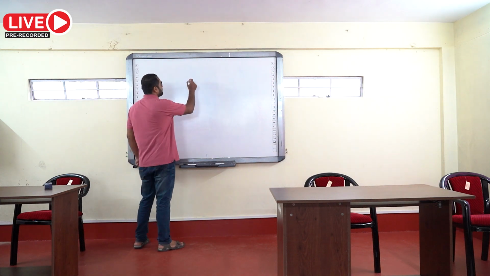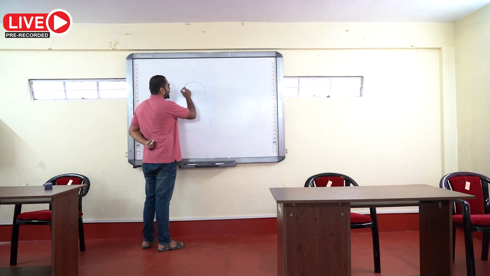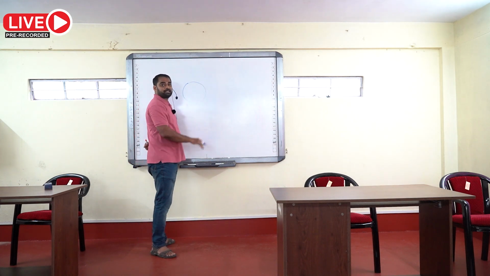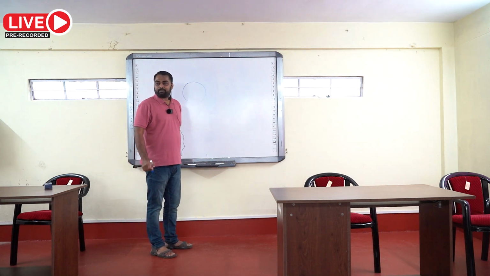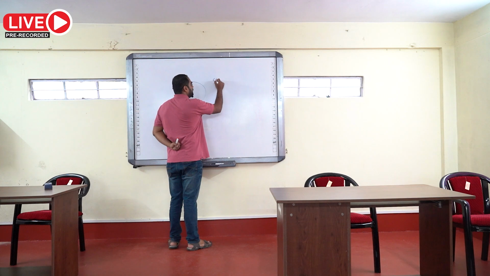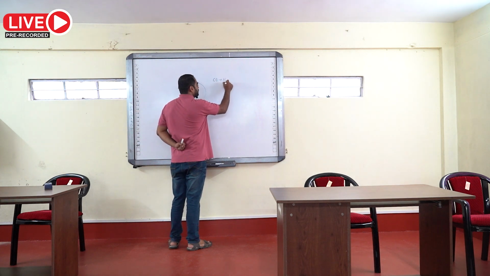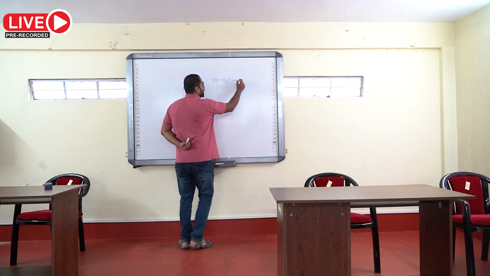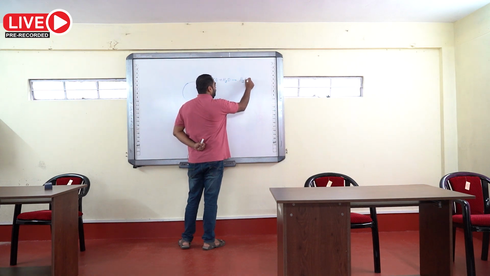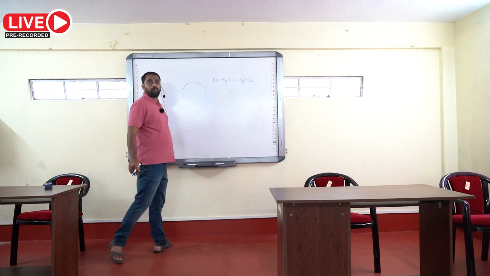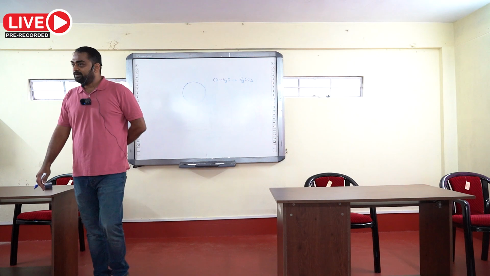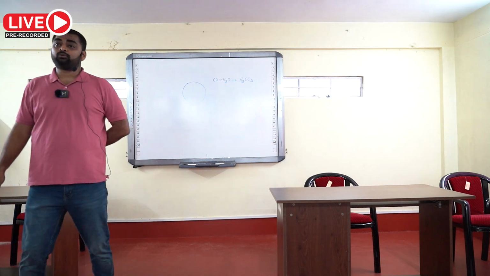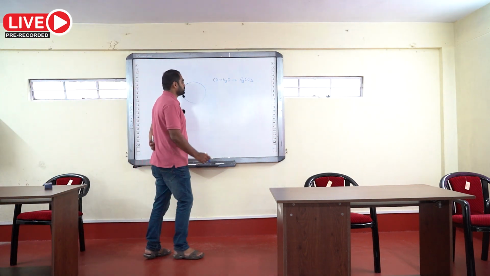Alright, okay. This is RBC, outside is plasma. Carbon dioxide combines with water. What does it become? Carbonic acid. Carbon dioxide combines with water and it becomes carbonic acid, H2CO3.